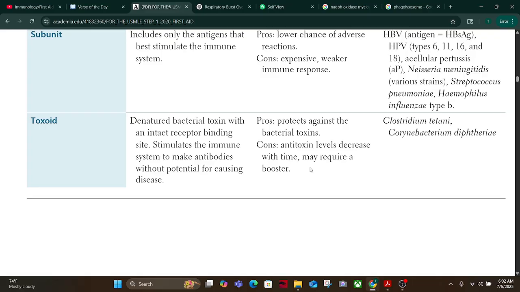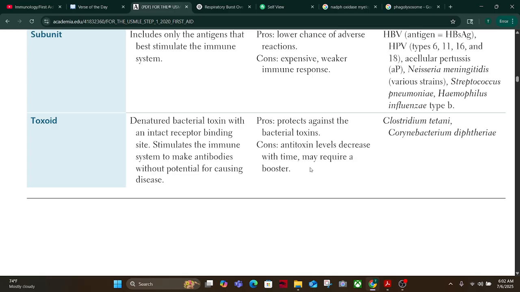Basically, Corynebacterium diphtheria secretes a toxin, and you make the toxoid from that.